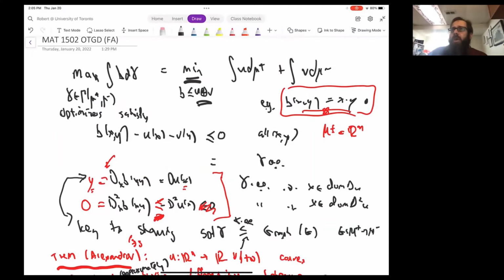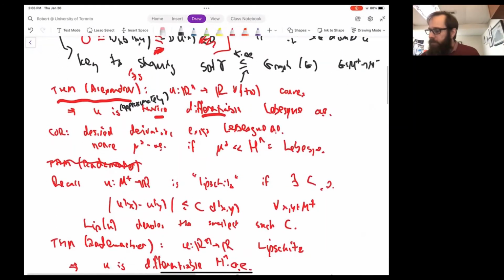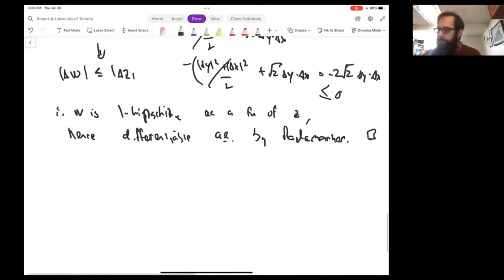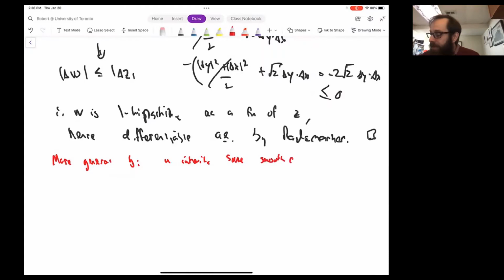So in other words, which have two derivatives almost everywhere. So for more general B, U inherits some smoothness from B. That's how to think of this anyways.